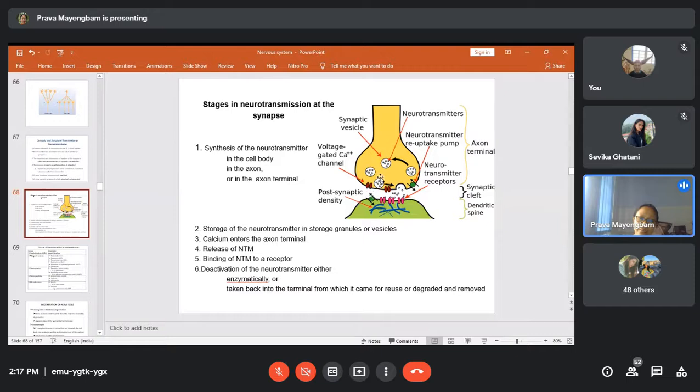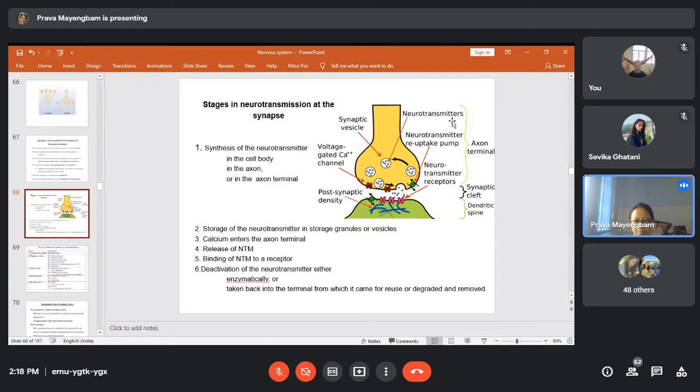So these neurotransmitters are visible here diagrammatically. I have shown here. So this is one axon terminal, and here it is having vesicles containing the neurotransmitters. So we also call it a synaptic vesicle having the neurotransmitters.